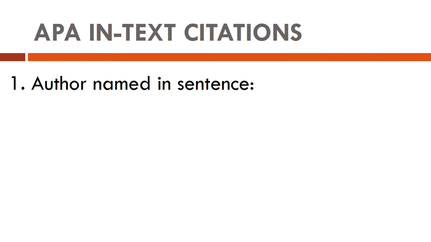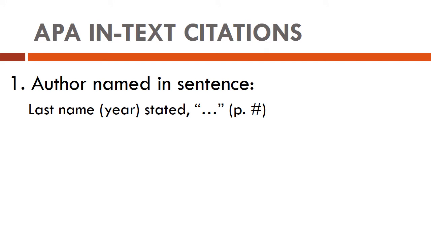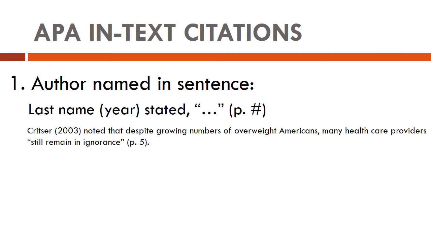If you do this, you must include the year of publication in parentheses immediately after the author's last name, and then you put the page number, again in parentheses, after the quotation. So for example, Kreitzer (2003) noted that despite growing numbers of overweight Americans, many healthcare providers, quote, still remain in ignorance, close quote (p. 5).